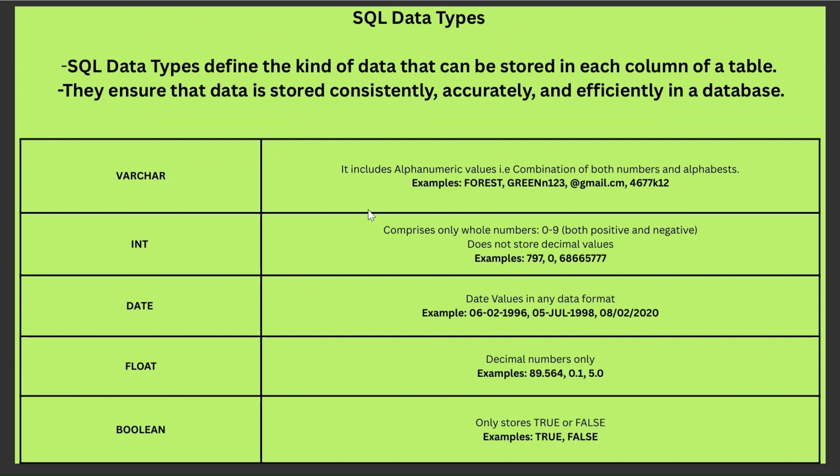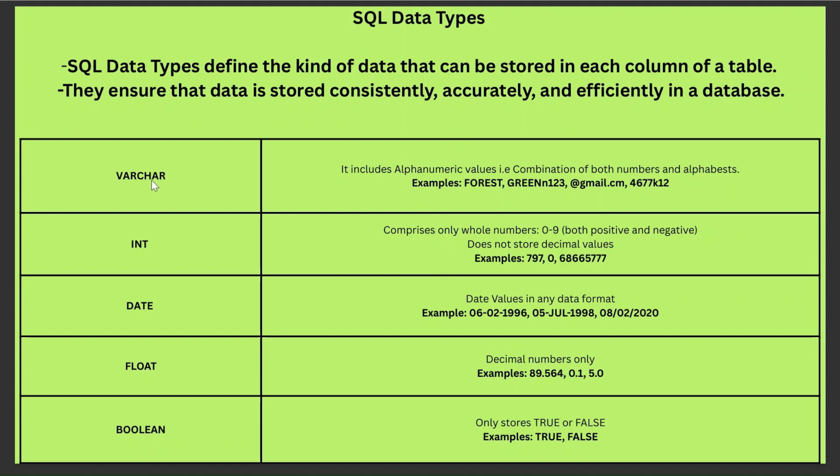tables. SQL data types define the kind of data that can be stored in each column. For example, if you want your column to have only the varchar data type.